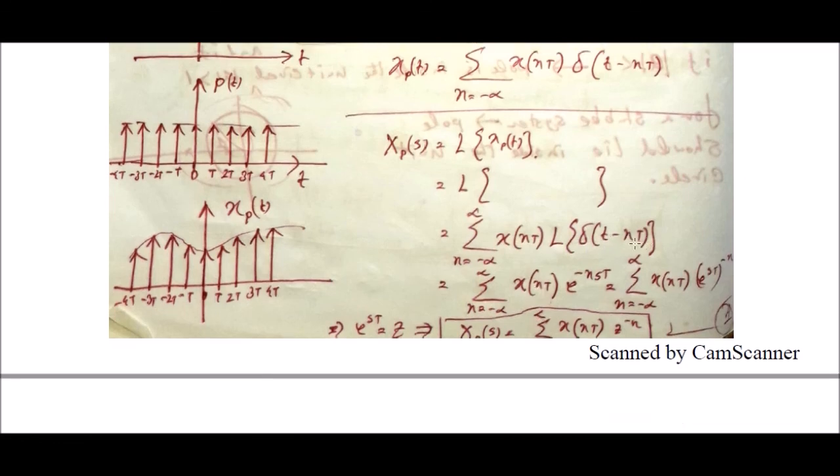If you do the Laplace transform of this delta function, it will give you just e to the power minus n s T. You can verify from the Laplace transform method. So it will be that, and this one can be written in this way. You have e to the power sT to the power minus n. This minus n can be taken out, and if you write e to the power sT equal to z, you will obtain this one.